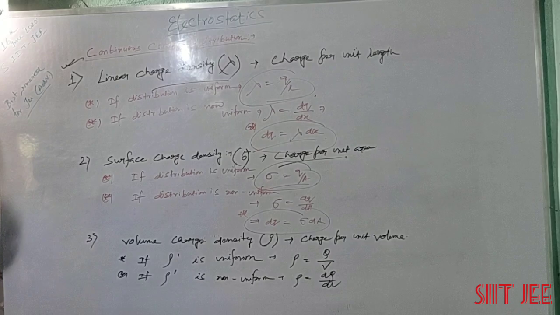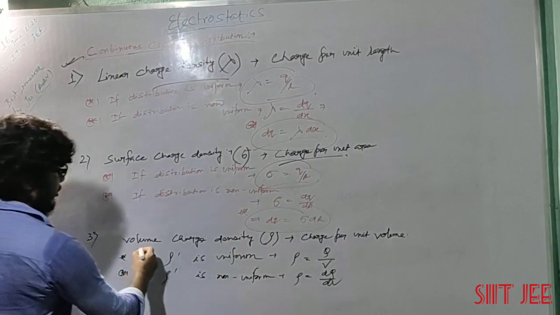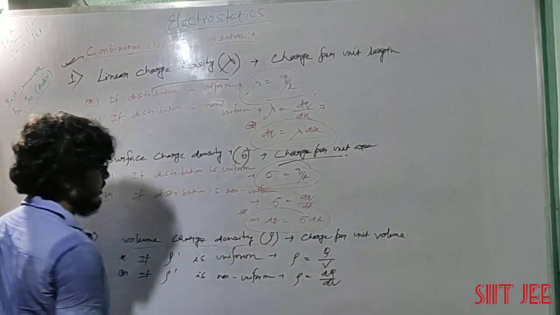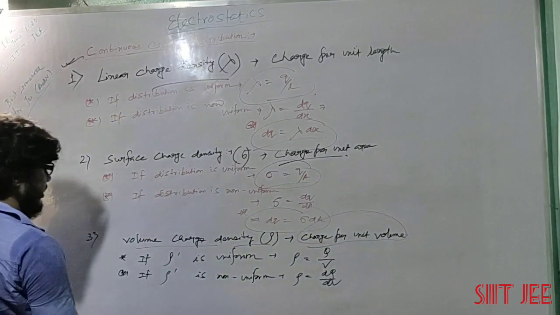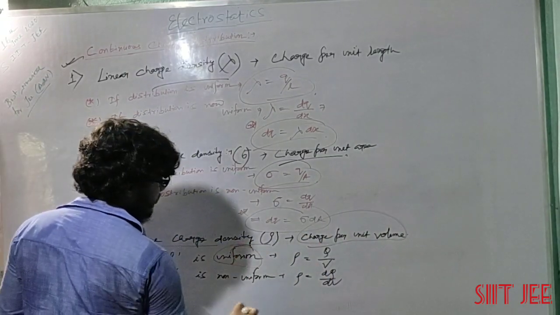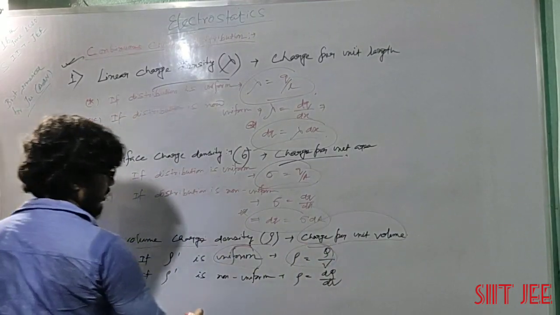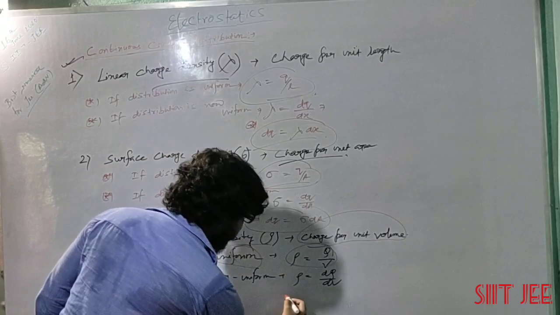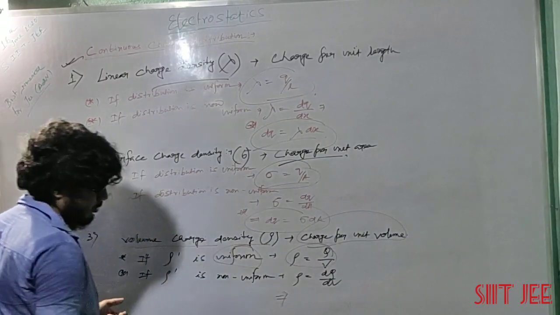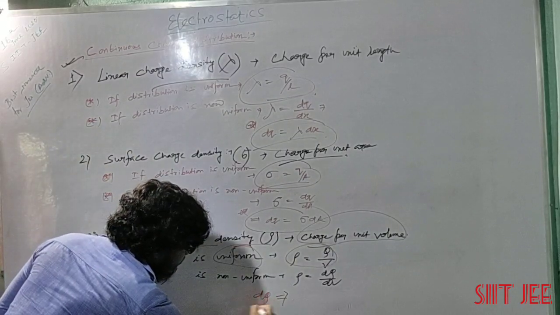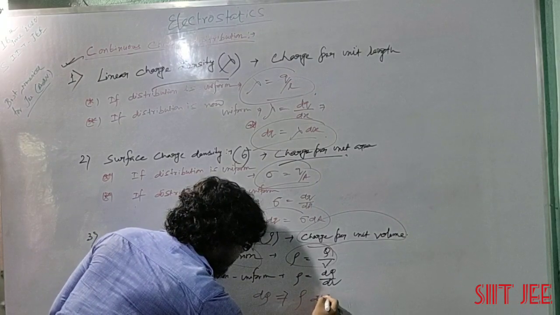Point 3: volume charge density, charge per unit volume. If uniform, the value is Q by V, and if non-uniform, rho is equal to dq by dV, so dq is equal to rho into dV.